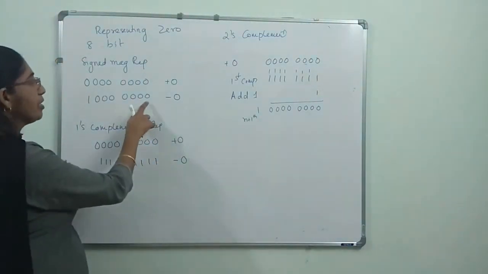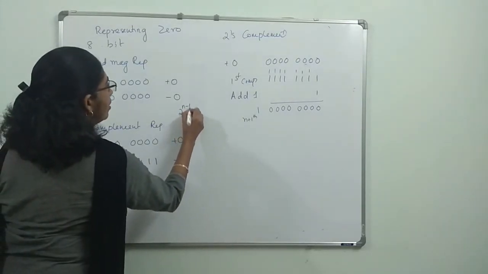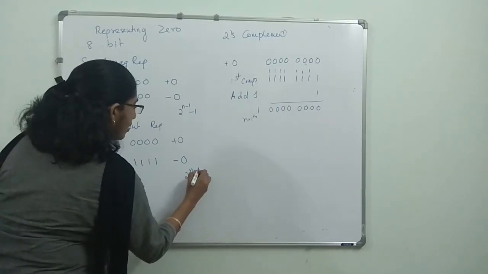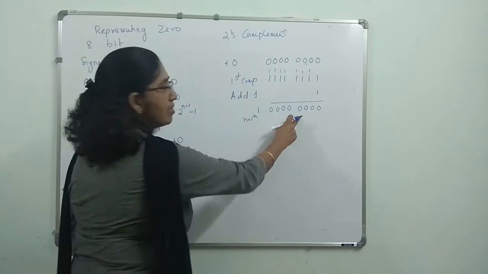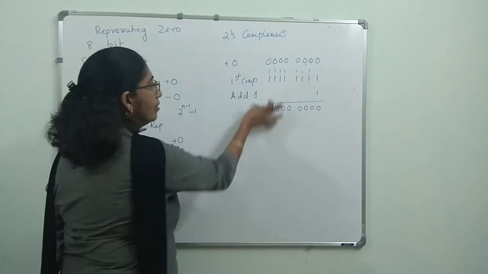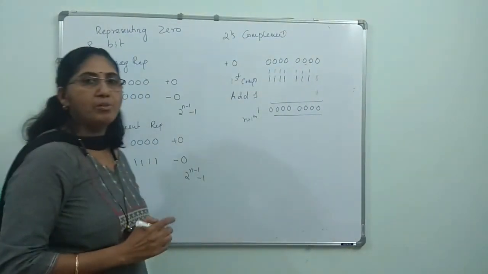What is the maximum you can represent over here? Maximum numbers 2 raised to n minus 1 in the sign bit representation, and here it is 2 raised to n minus 1 minus 1. In this case, one extra number you can represent, because you need to represent 0 only one way in this format, whether it is positive 0 or negative 0.